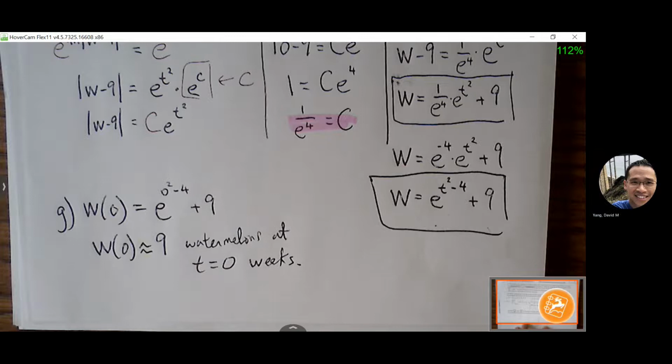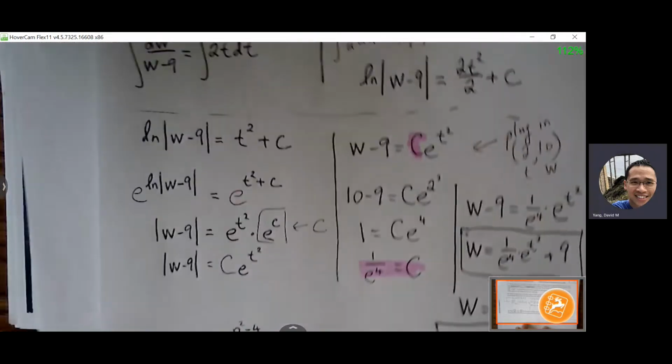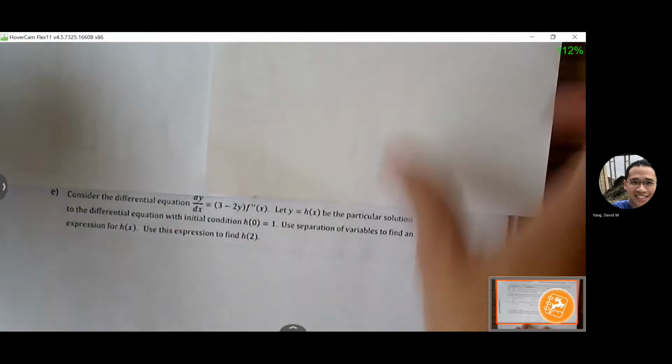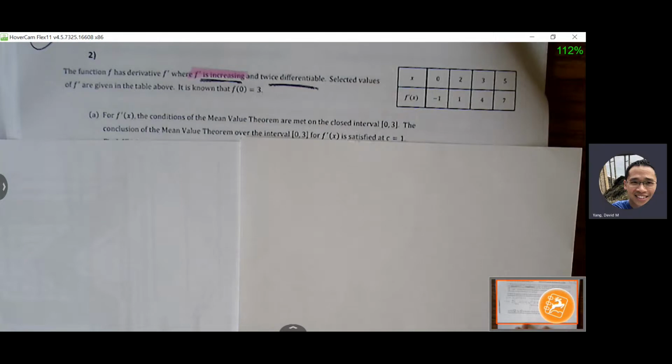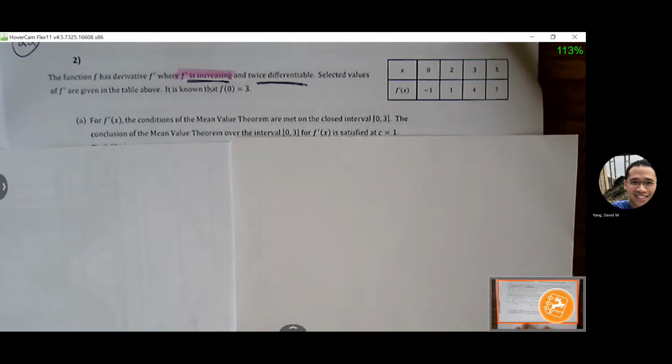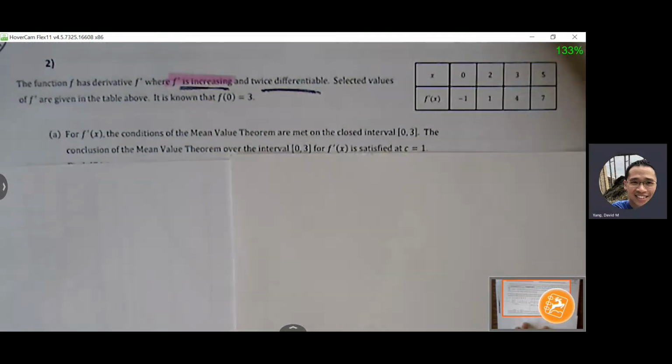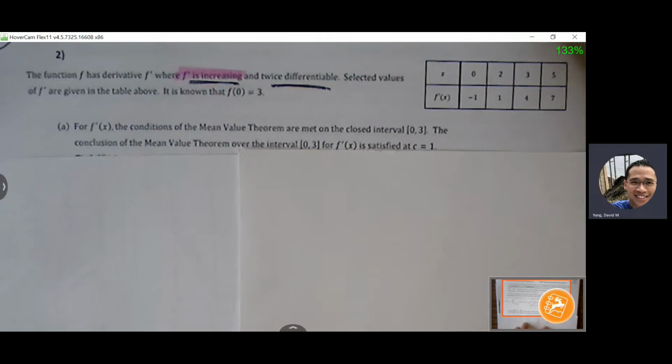All right, page 22, Riemann sums. All right, 22, the function f has a derivative f prime.